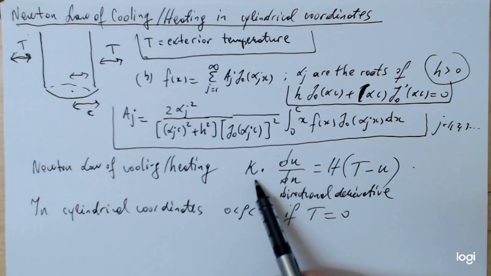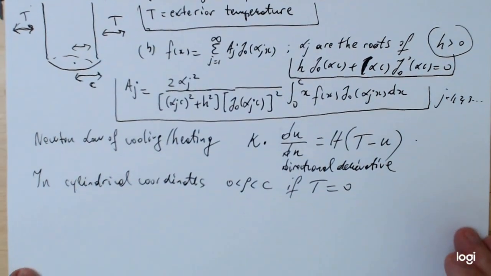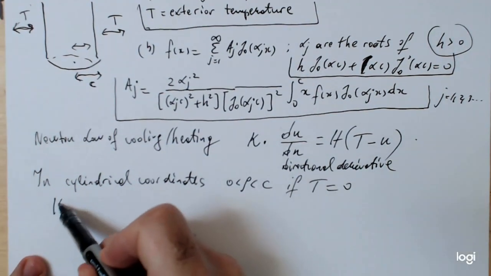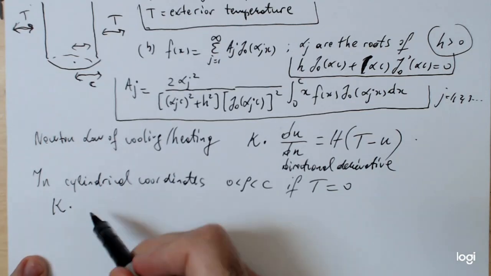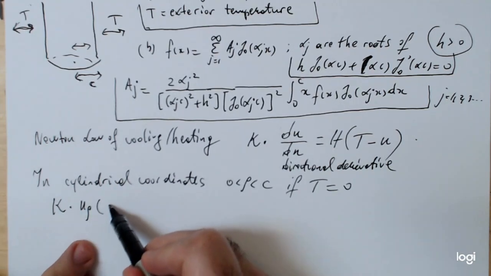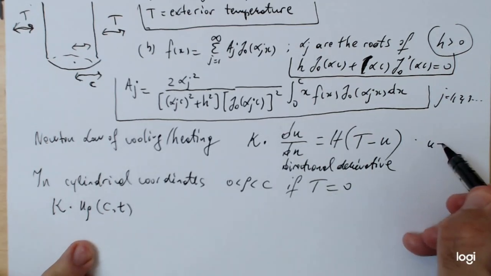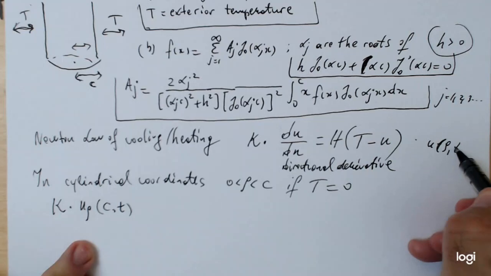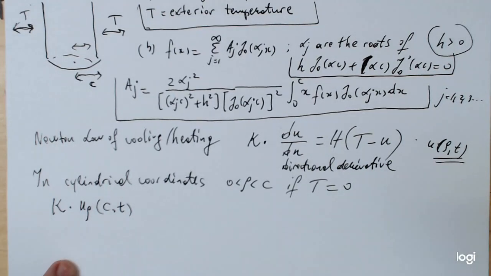So then this law, look carefully now, the Newton's law of cooling, now looks in the following way. Some constant K, partial rho, evaluated at C and t. Okay, so let's say u depends just on the radius and the time t.